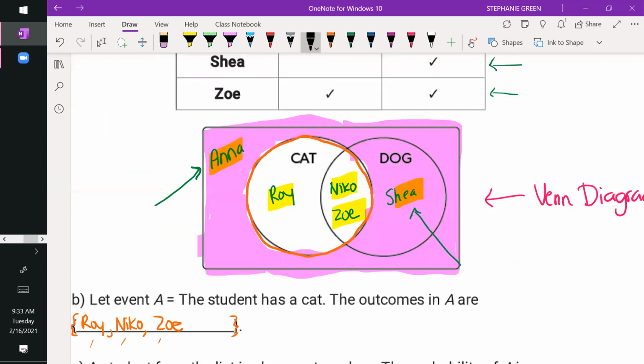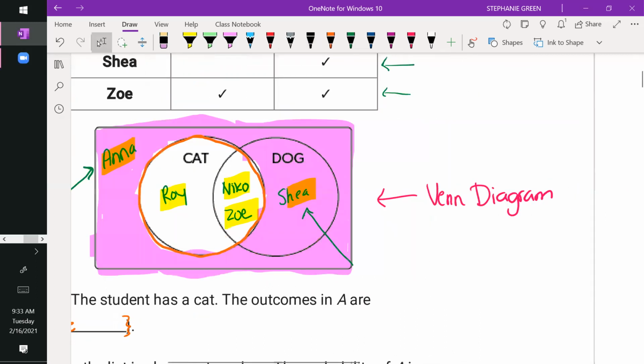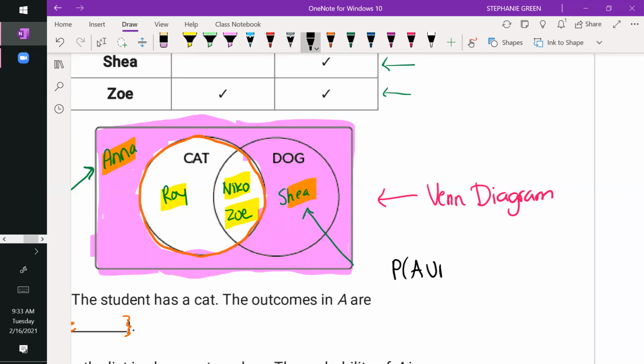Okay, so if I wanted the probability of A or B, A union B, in the last example, we said when they're mutually exclusive, I can just add those two probabilities together to get that combined probability. But what would happen if I did that here? The probability of A being a cat is 3 out of 5.